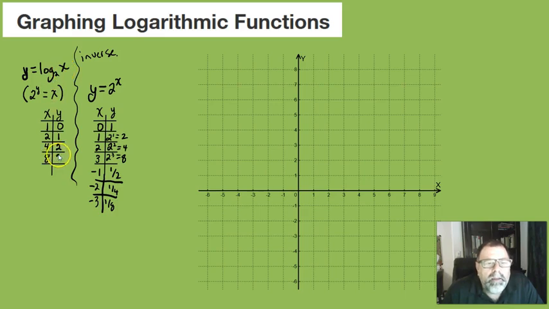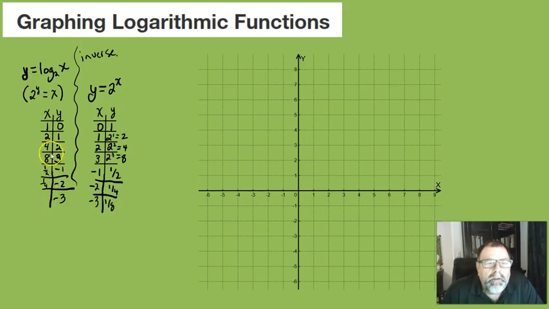Now the other way I could do it is I can just think of it in the exponential form, where the exponent now is y. So I'm going to put in 0, 1, 2, 3 for y, and then negative 1, negative 2, negative 3, again for y. When I plug it in, 2 to the negative 1 is 1/2. 2 to the negative 2 is 1/4.